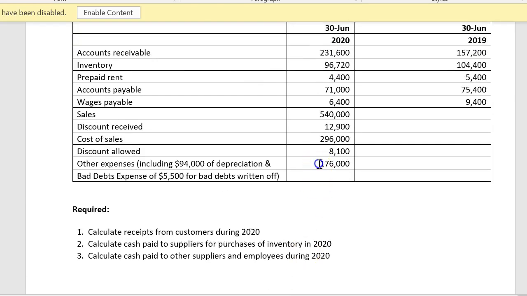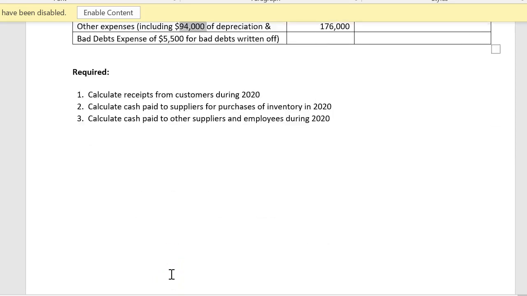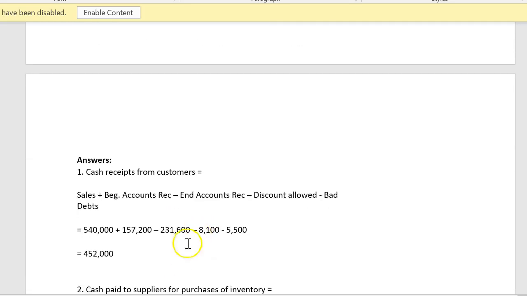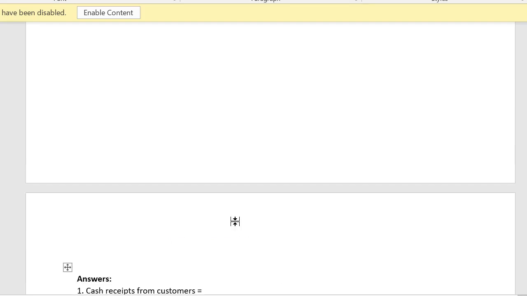Now guys, you're given other expenses as 176,000. What you need to do is you need to minus 94. We don't need to take bad debts again because this bad debts was already deducted here, so there's no need to take that.